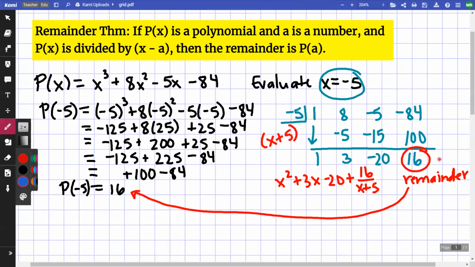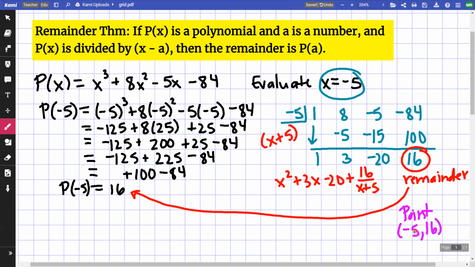So you can also think of this as an actual point on the polynomial graph. This is really the point -5, comma 16. So if I go to my graph of this and I put in a -5, I am going to get a 16.